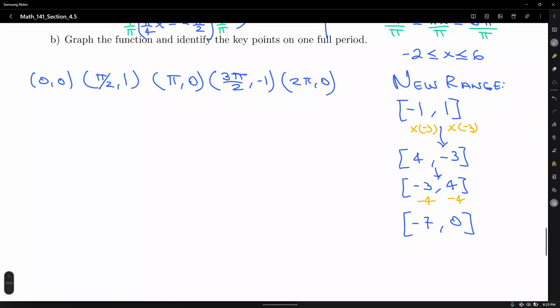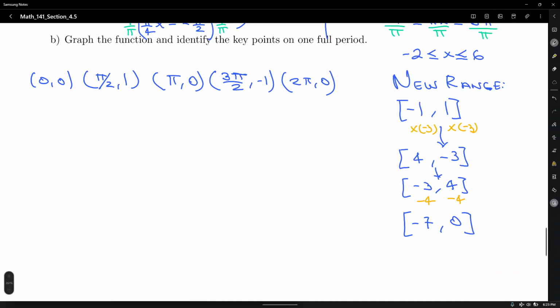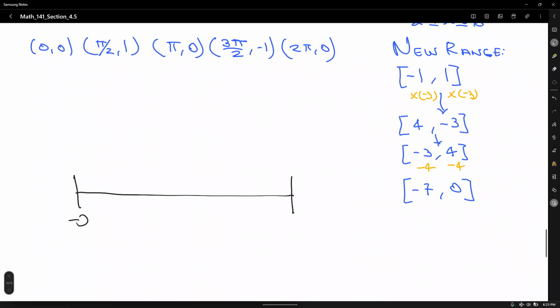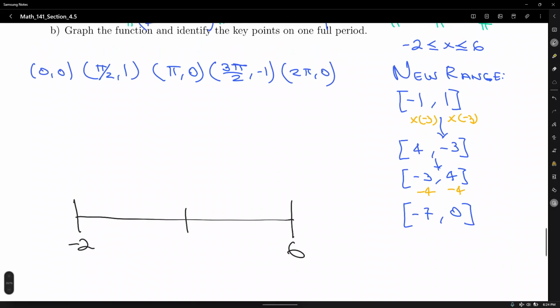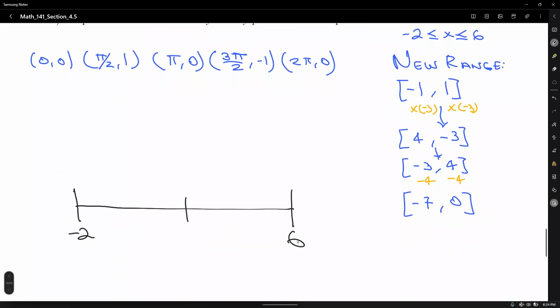All right, so number one, let's come up with the new points. Remember that number line for the new x values, starting at negative 2 and finishing at 6. These are easy to get by doing in our head, if you will. Halfway in between negative 2 and 6 is positive 2.